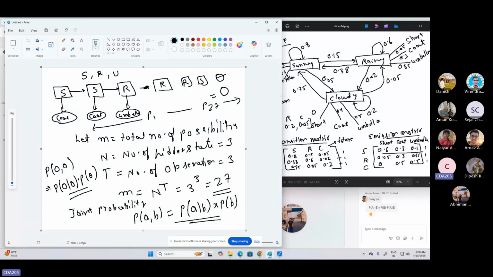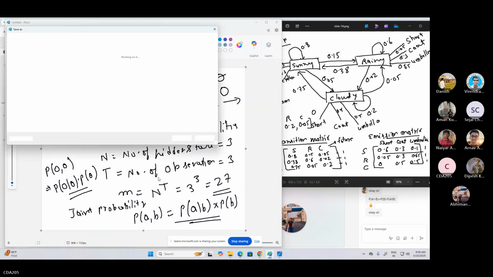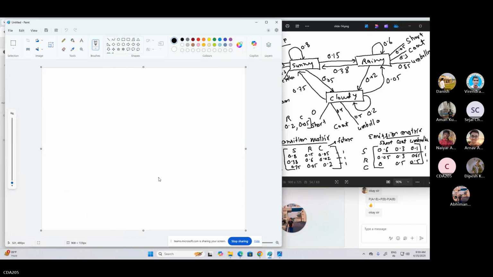Okay. Now, out of 27 states, we have taken one state. Means it is sunny, it is rainy, it is cloudy.